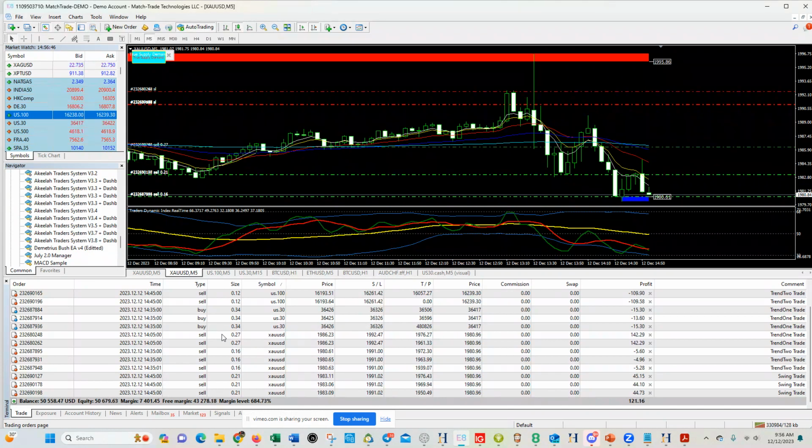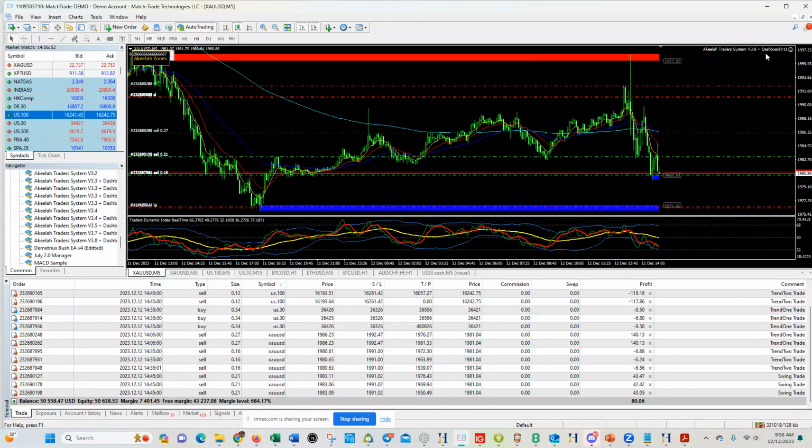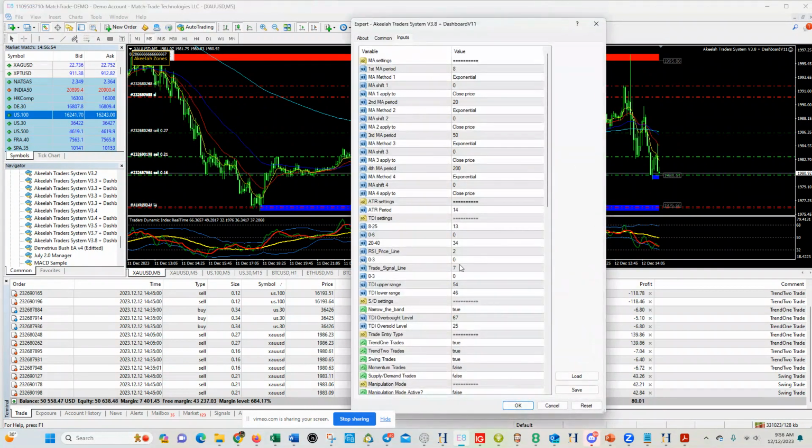Now, the risk settings we're using. I'm going to go to my settings here. There are a lot of different settings in our system that you can use, and you don't have to use them all. This is a common strategy we would use to pass this kind of challenge, or if you want to trade within these guidelines.